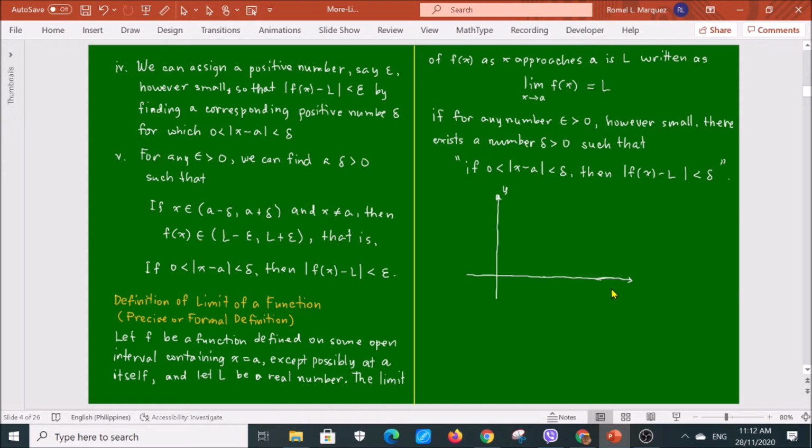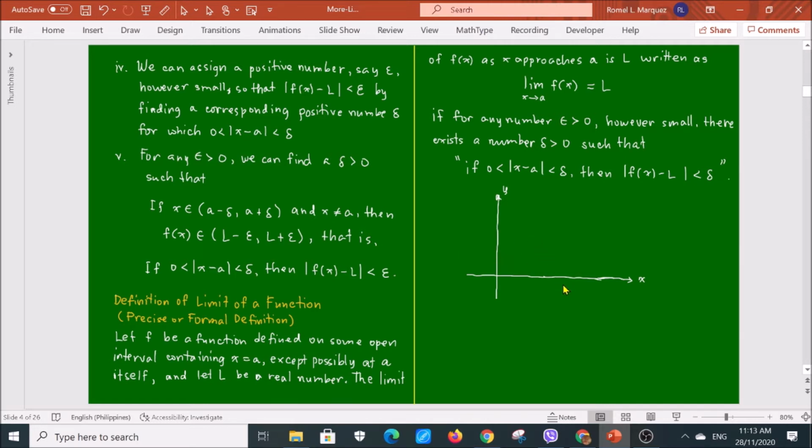That's why we gradually replace the phrases in the intuitive definition so that they become mathematical. You just go back to the corresponding implications of every phrase, so that you will understand why it becomes like this mathematically.